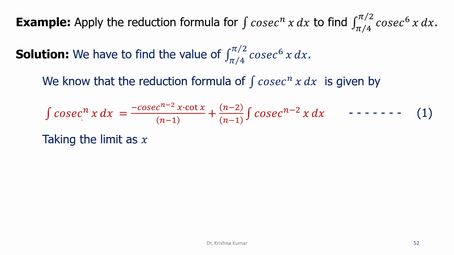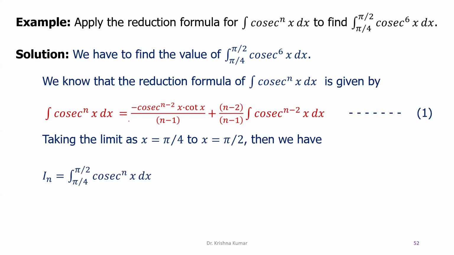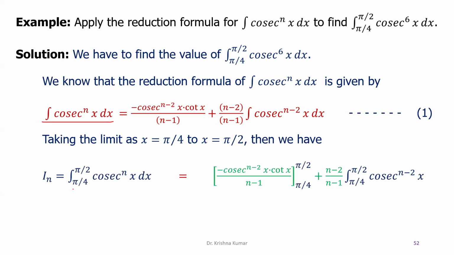Taking the limit as x is equal to pi by 4 to x is equal to pi by 2, let us consider I n is equal to integration of cosec to the power n x dx under the limit pi by 4 to pi by 2, which is given by minus cosec to the power n minus 2 x into cot x divided by n minus 1 under the limit pi by 4 to pi by 2, plus n minus 2 upon n minus 1 integration of cosec to the power n minus 2 x under the limit pi by 4 to pi by 2.